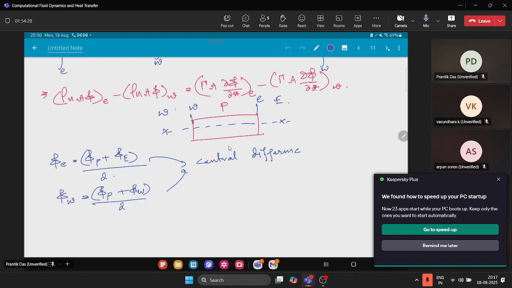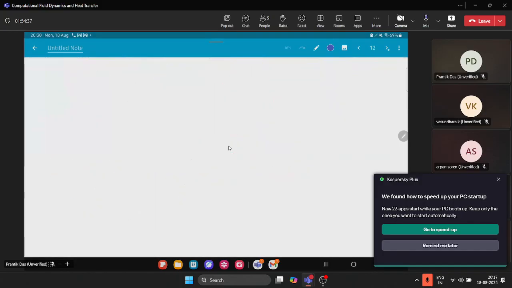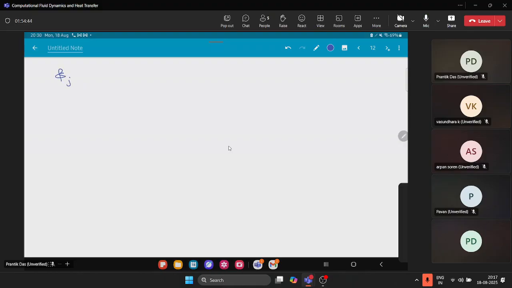So this is the central difference formula, and I have to derive it. How to derive it? As I have shown you earlier, phi j plus 1 is phi j plus d phi dx delta x plus d square phi dx square delta x square divided by 2 factorial and so on.